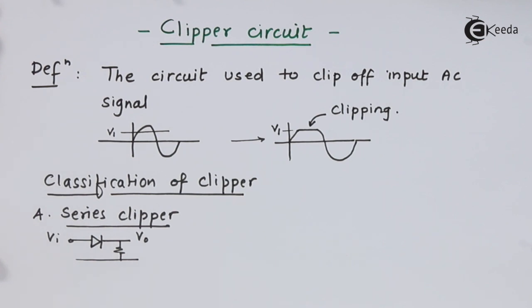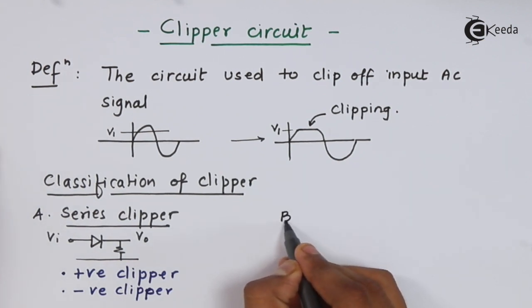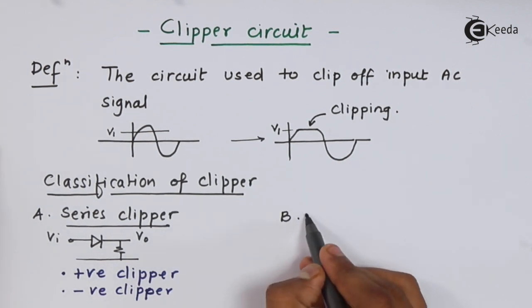In this series clipper we will have another sub classification: a positive clipper and a negative clipper. Okay, go for the next classification, that is B type, parallel clipper.